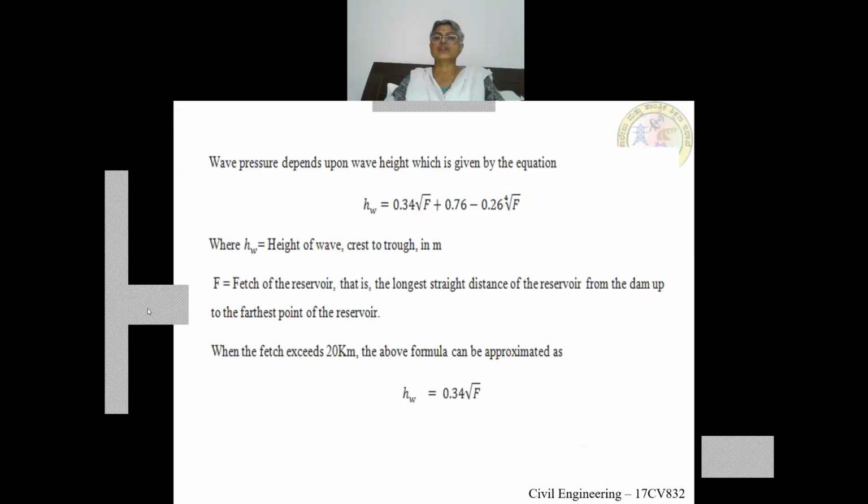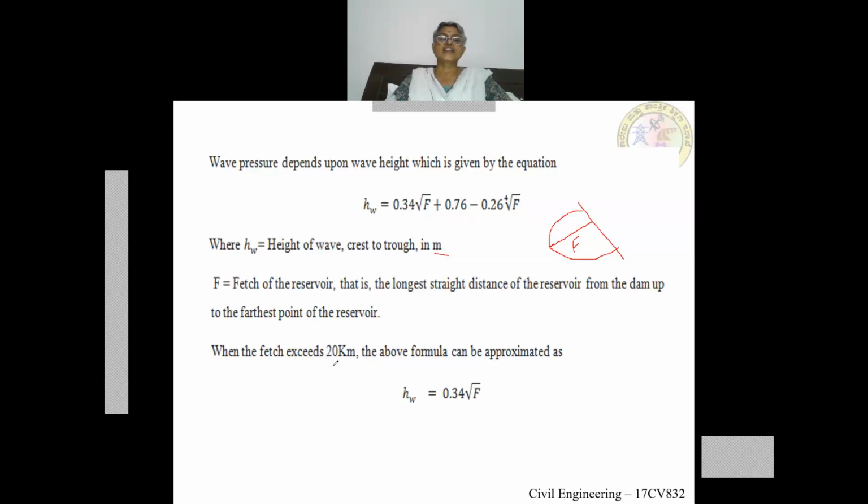If this is the reservoir and this is the dam, then this is the farthest distance, from the dam to the farthest point on the reservoir, where water is stored. This is F. And Hw is the height of the wave, from crest to trough, which should be in meters.